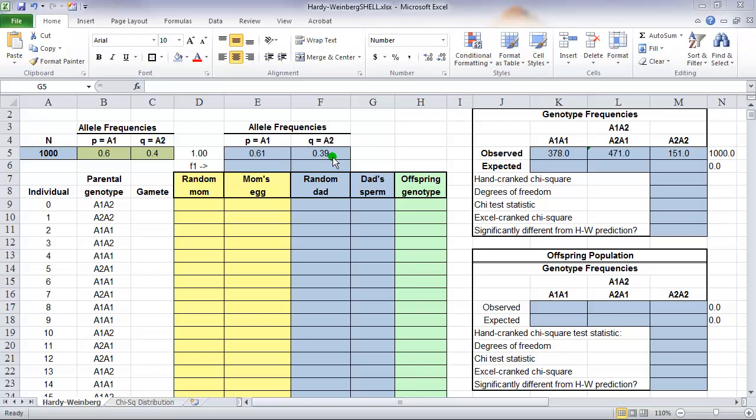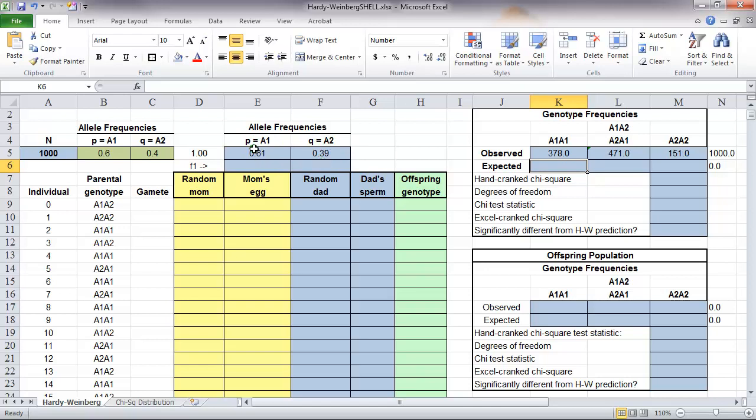Now, Jed mentioned that what we typically do is then conduct a test to determine if this population is in Hardy-Weinberg equilibrium or not. And to do that, we would compute the expected numbers of individuals based on the calculated P and Q frequencies.